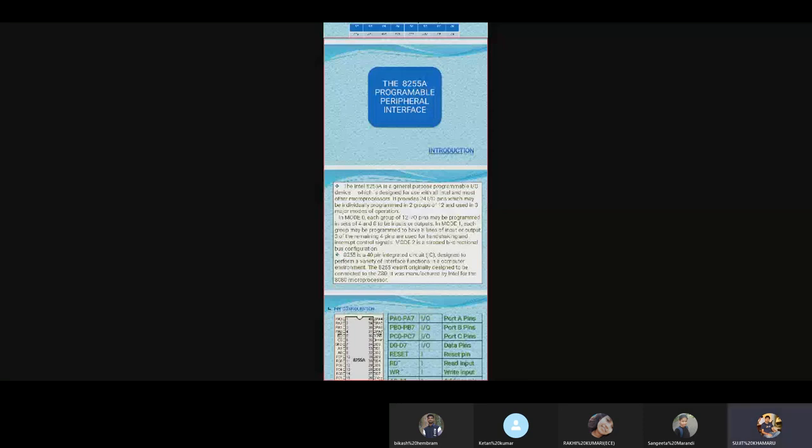In mode 1, each group may be programmed to have 8 lines of input or output, and 3 of the remaining 4 pins are used for handshaking and interrupt control signals.